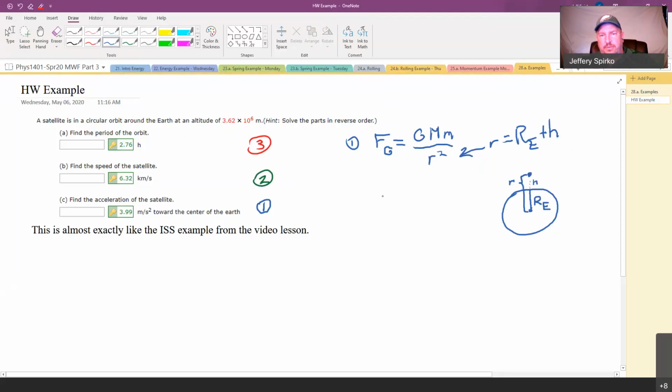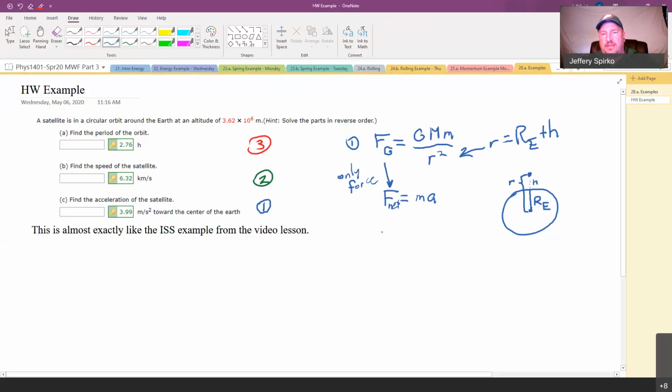And then the other part of this is F net equals ma. This force of gravity here is the only force.